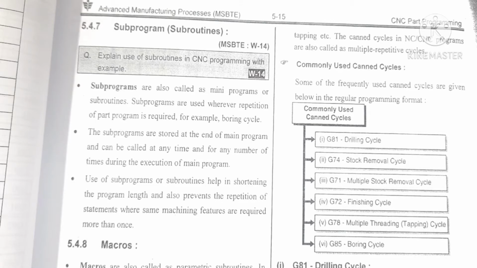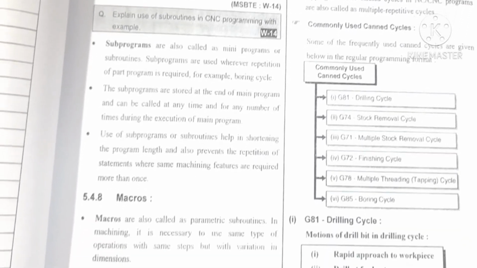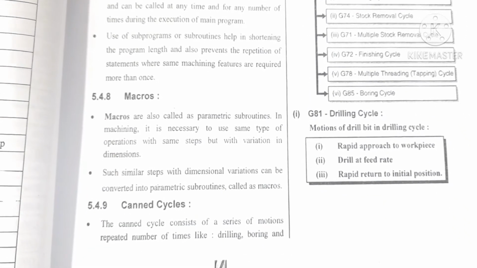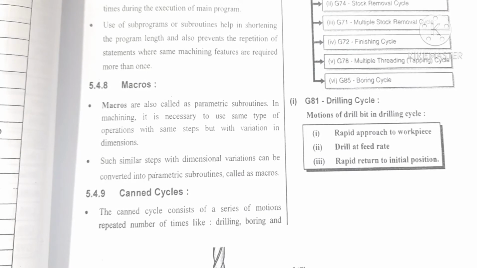Use of subprograms or subroutines helps in shortening the program length and also prevents the repetition of statements where the same machining features are required more than once. Then macros. Macros are also called parametric subroutines.